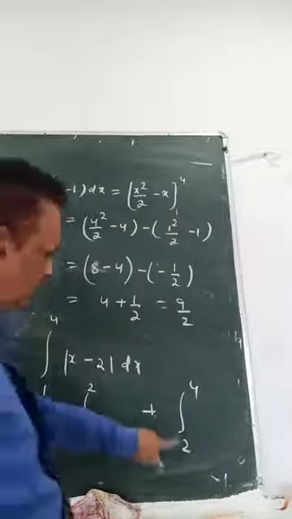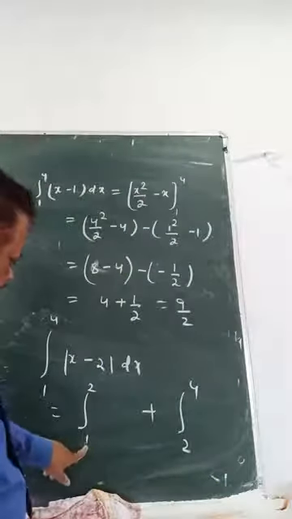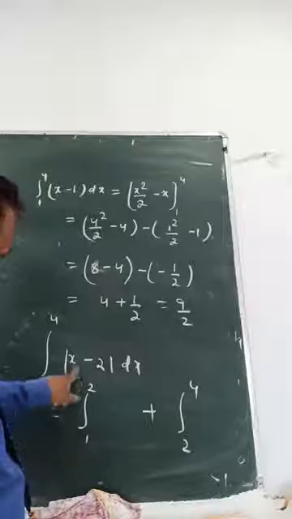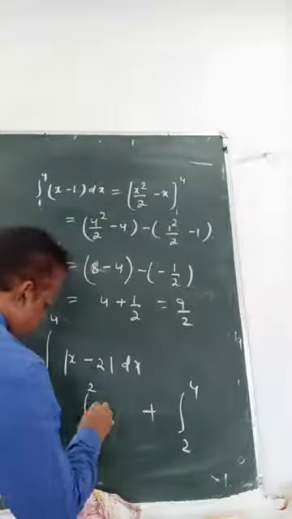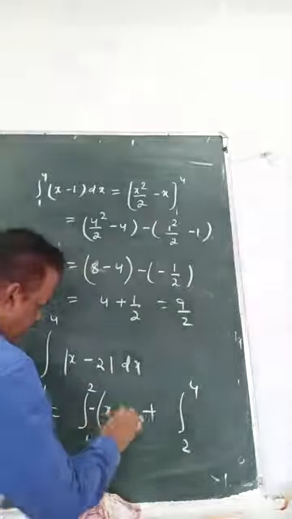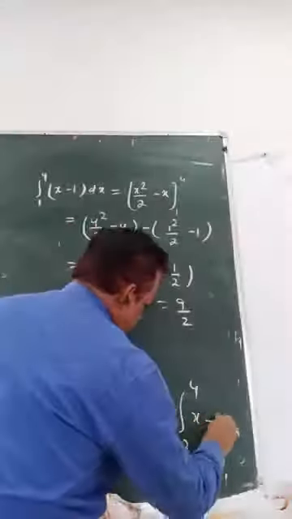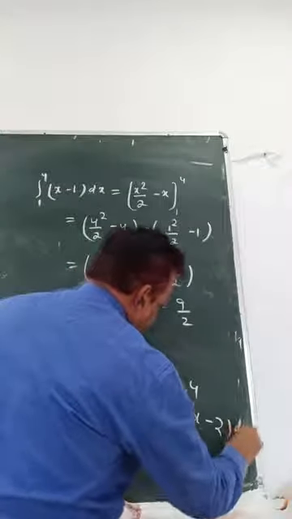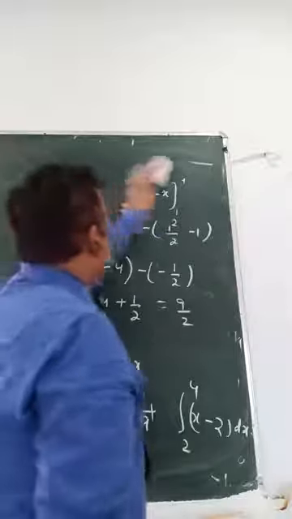So 2 is the point, which means here it is the smaller value, so minus of x minus 2. This is plus x minus 2. Okay, now evaluate.